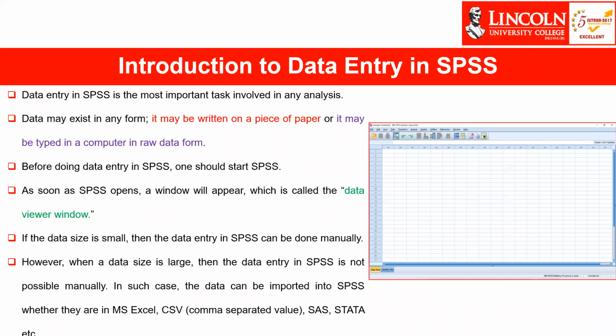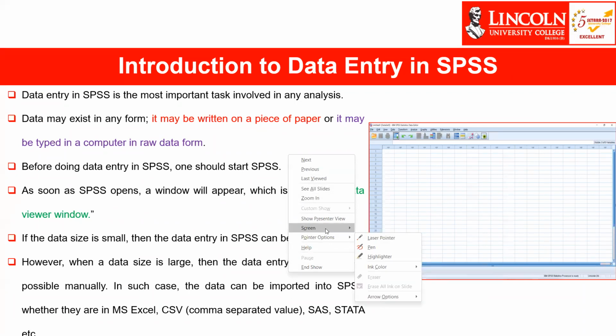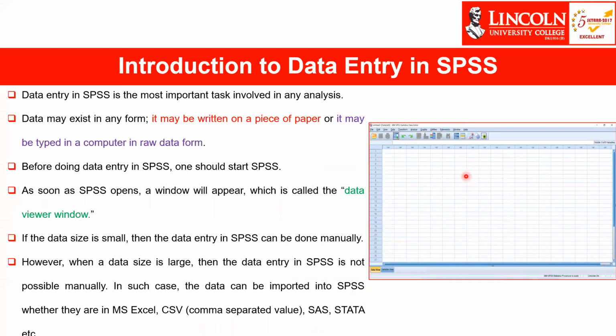Of course, I believe you're all seeing how the SPSS interface looks like from our previous class. So it looks like an Excel sheet kind of thing, but one of the major differences is that it comes with two buttons somewhere here that will allow you to switch between data view as well as variable view.